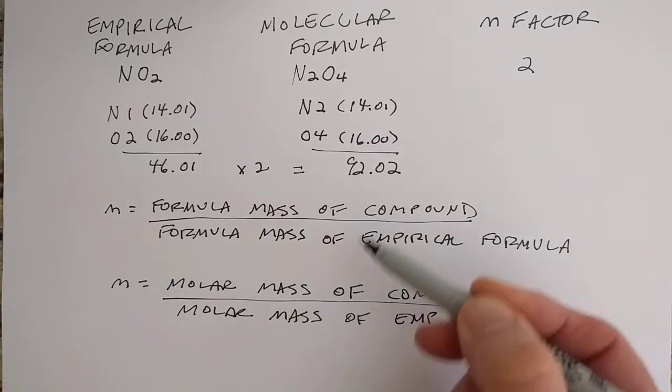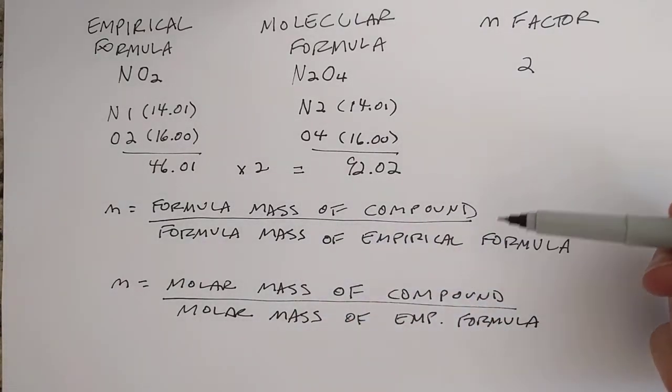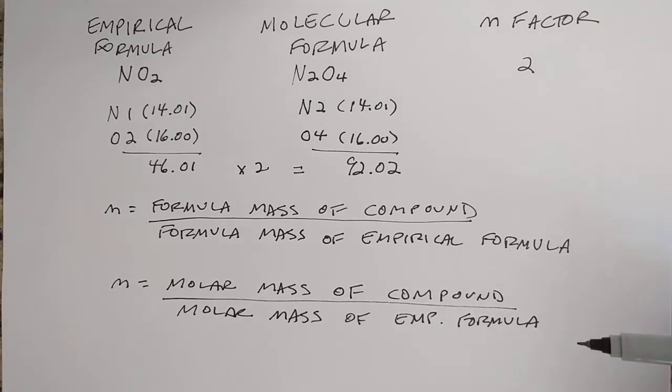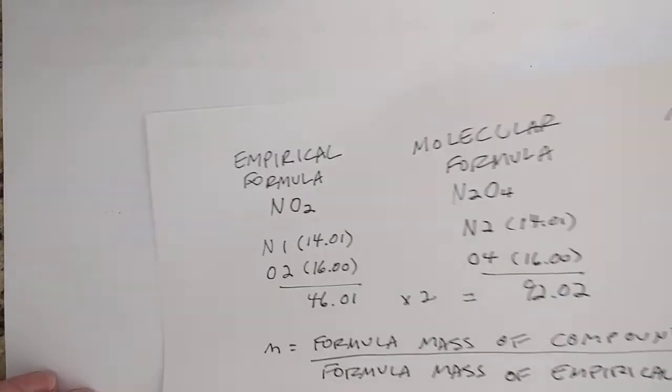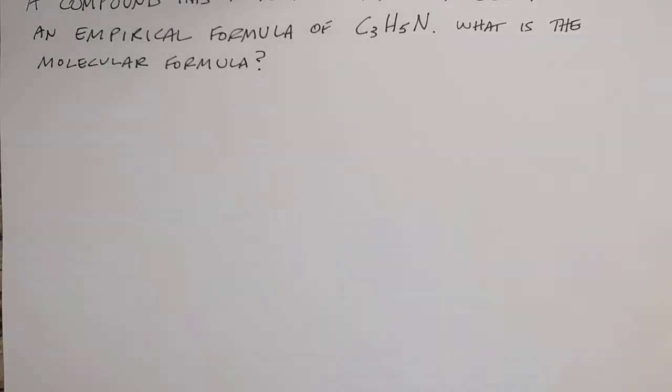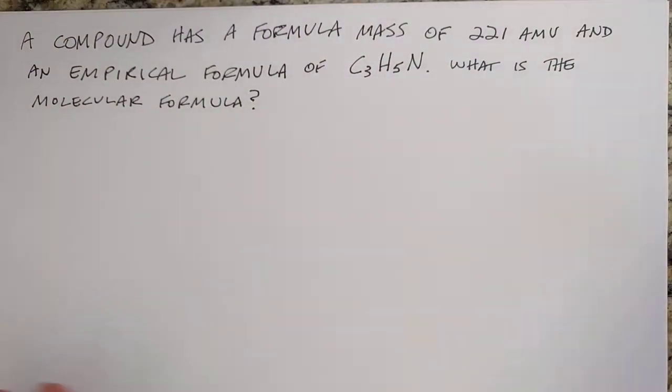And these are the exact same numbers. The units cancel out. So AMUs over AMUs cancel out, or grams per mole over grams per mole cancels out. So these will give you that same N factor. All right, so we can use this to solve problems, such as this.